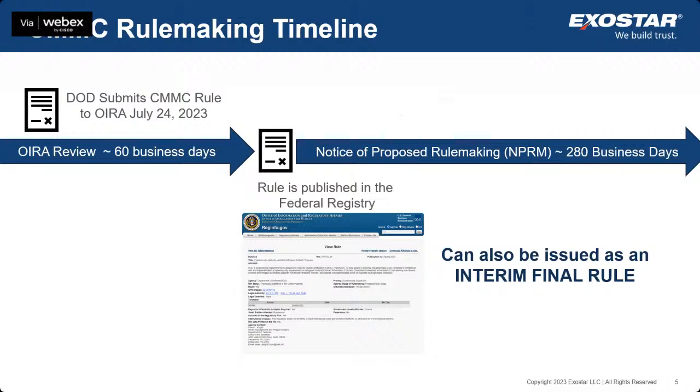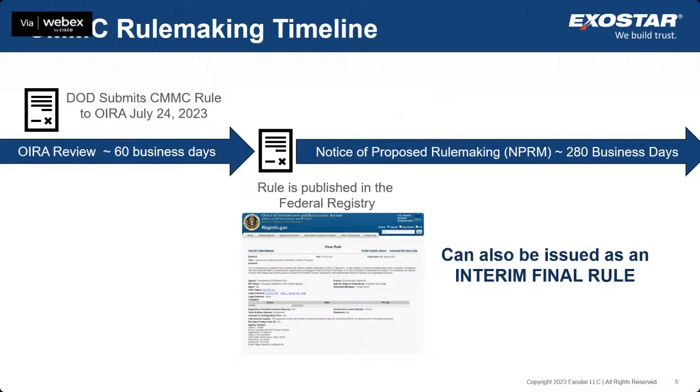And the next step in there is how the rule is published in the Federal Register. Most in the community expect it to come out as a notice of proposed rulemaking. What this means is that the rule goes back to the Department of Defense.